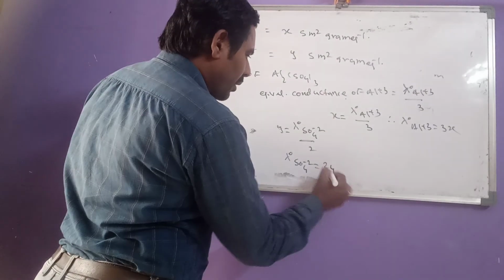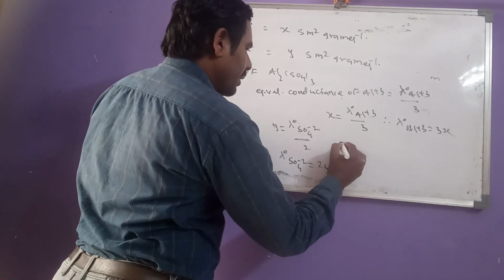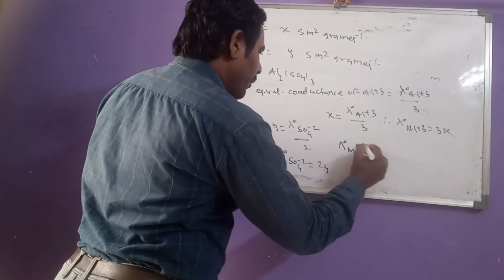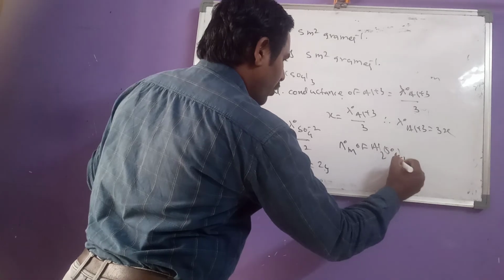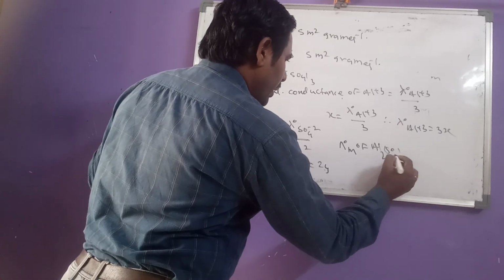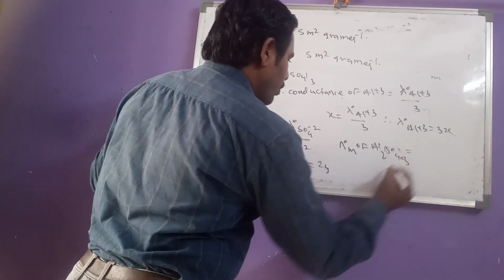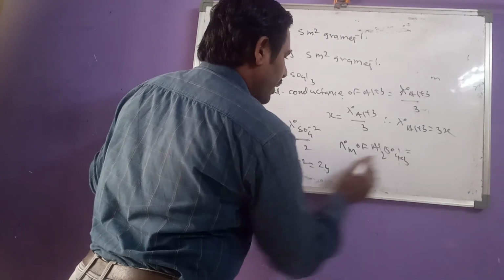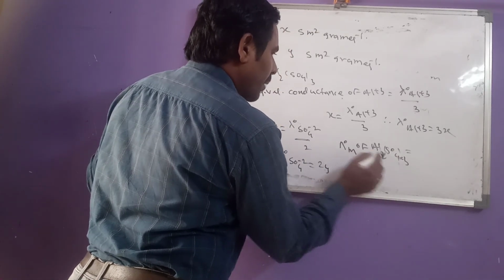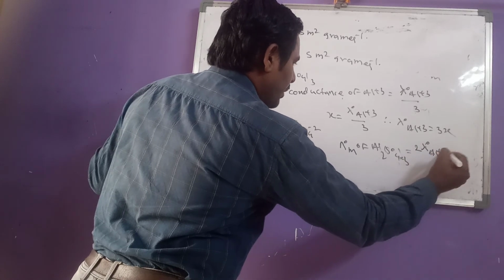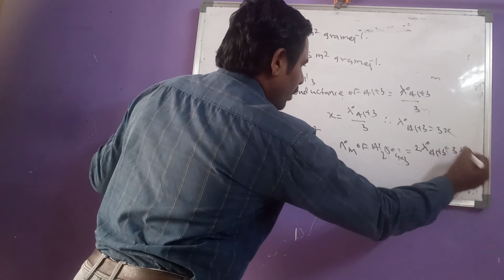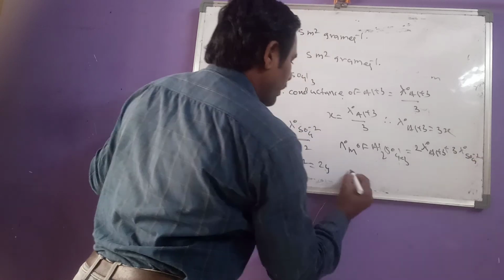After calculation of individual conductivities, Λ naught m of Al2(SO4)3 equals, what we need to do here? 2 Al plus 3 ions are present. So 2 into lambda naught Al plus 3 plus 3 into lambda naught SO4 minus 2.